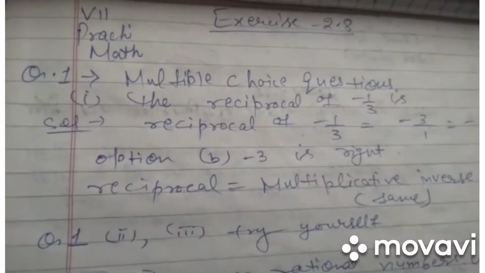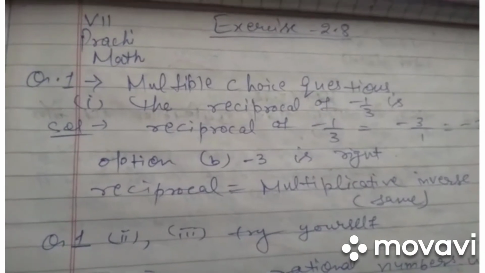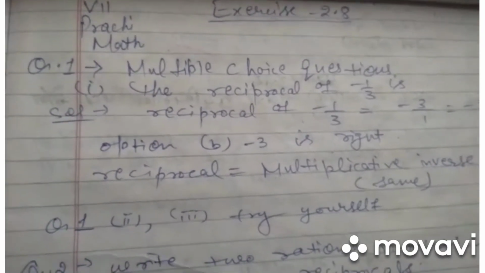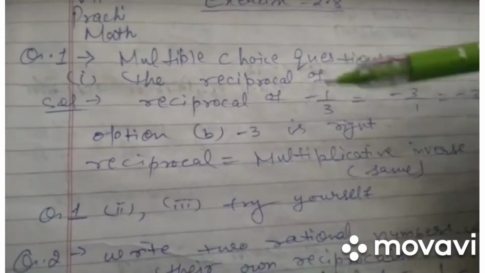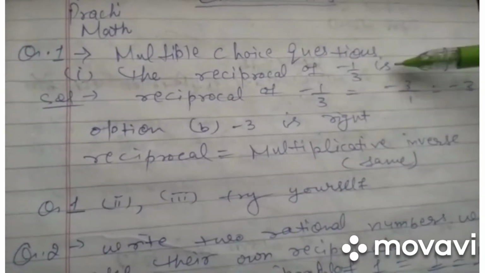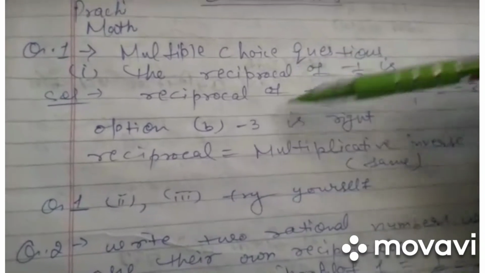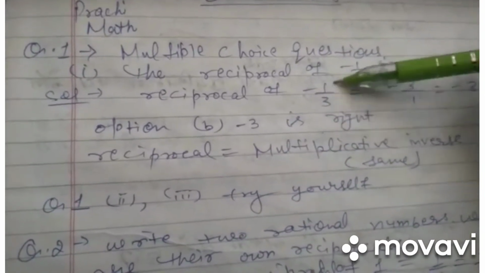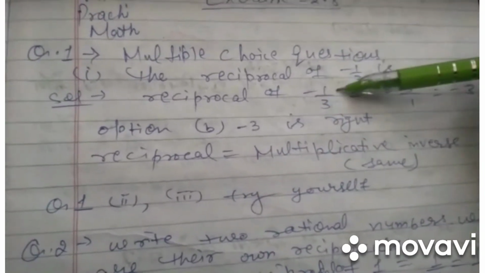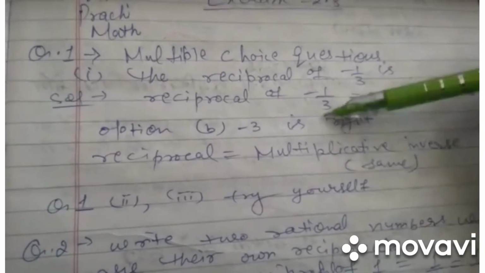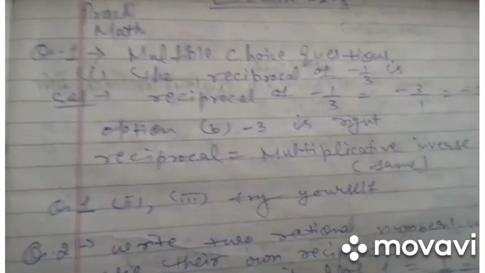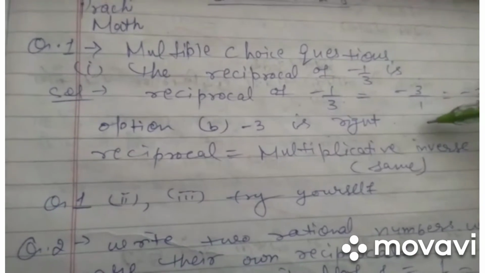Class 7th Prachi Maths chapter 2 exercise 2.8 question number 1. Multiple choice questions. First part, the reciprocal of minus 1 by 3 is. Reciprocal means opposite, ulta. Means for the reciprocal of minus 1 by 3, the numerator will become the denominator and the denominator will become the numerator.